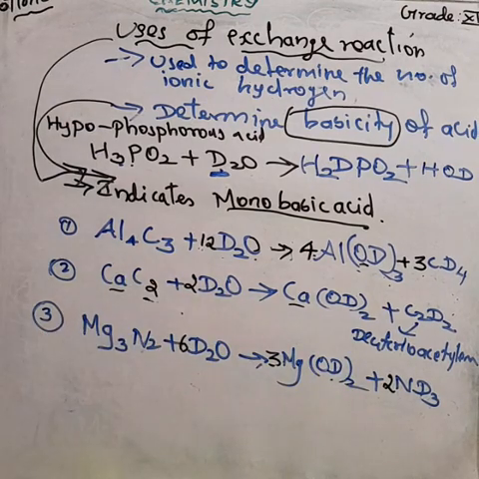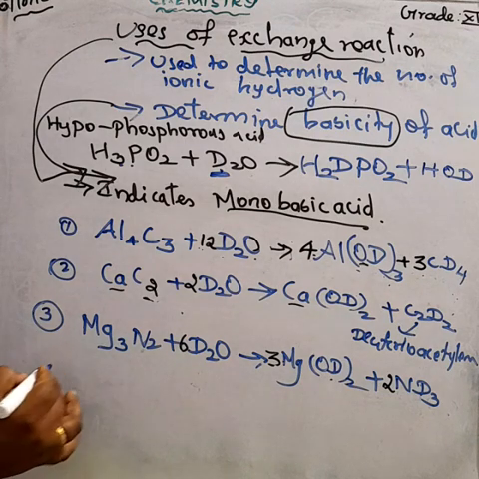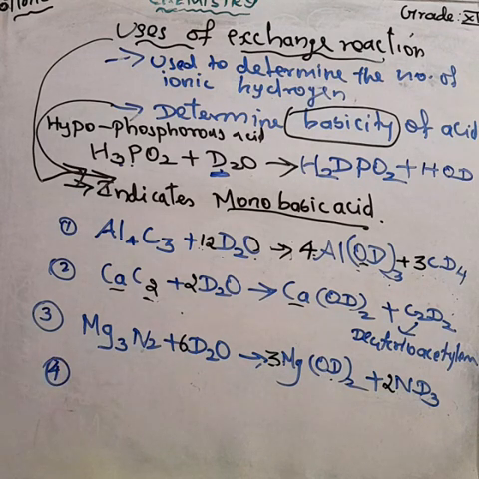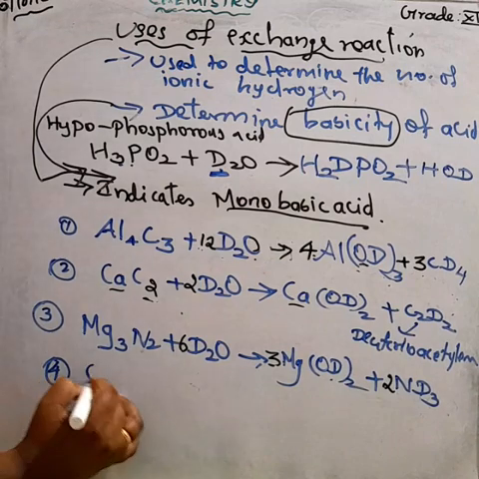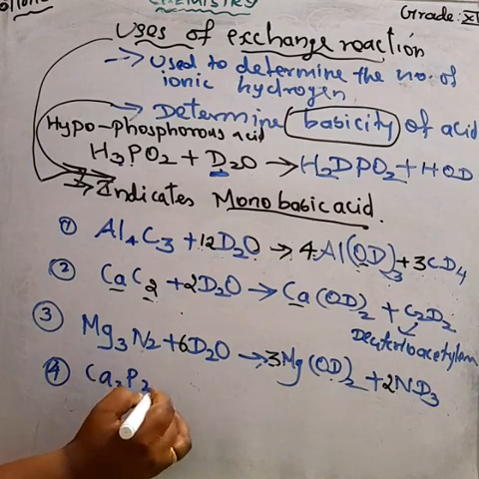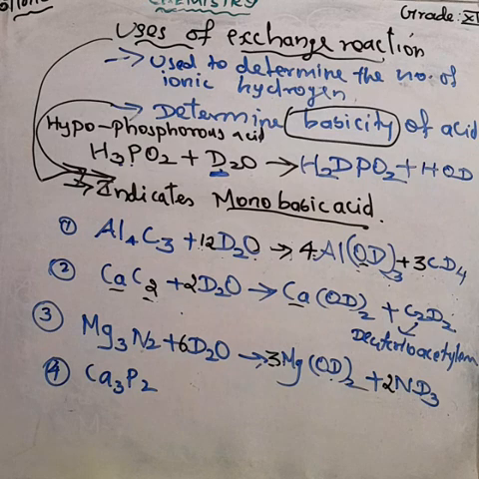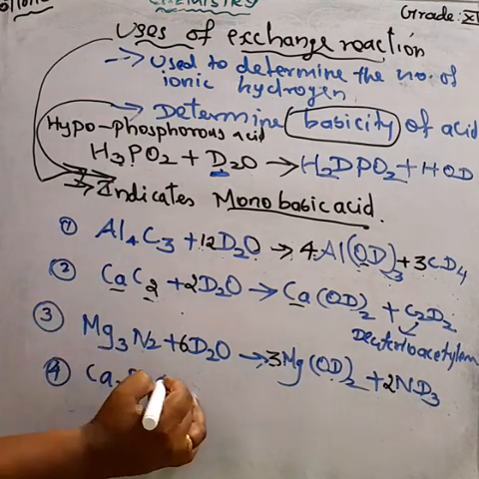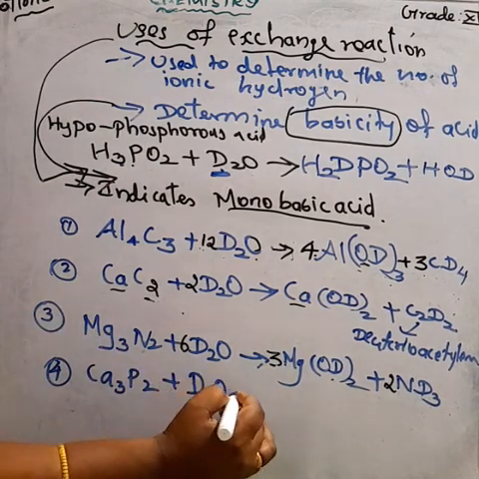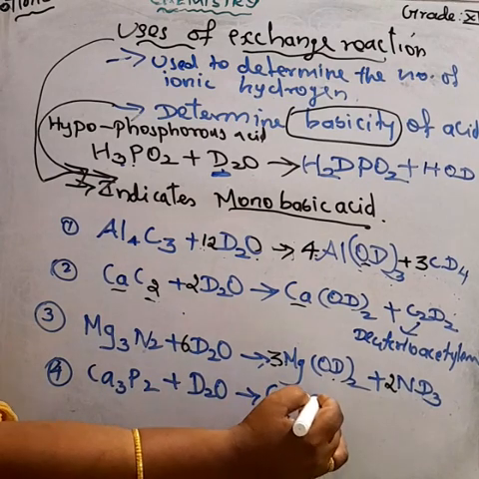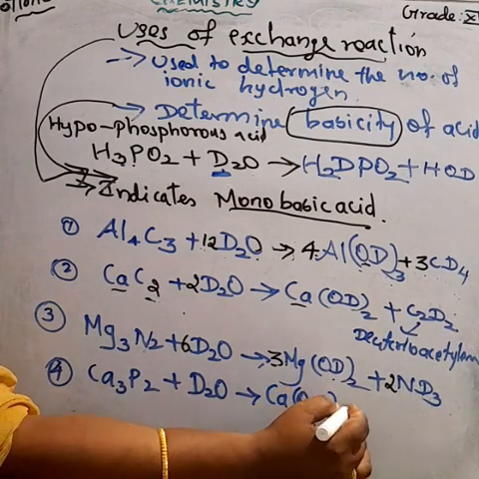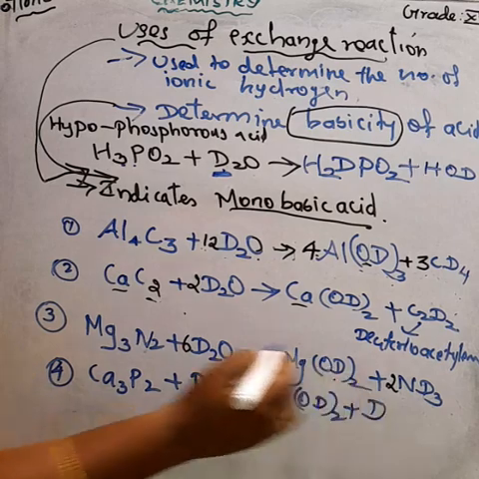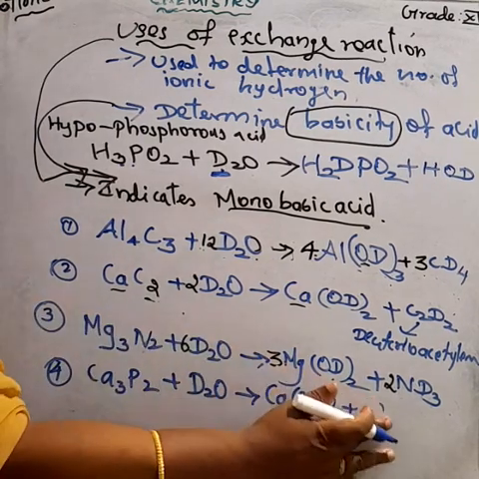The equation is balanced. Another equation is calcium phosphide. What is the formula? Ca3P2. When treated with heavy water, we get calcium deuteroxide and it releases deuteriophosphine, PD3.